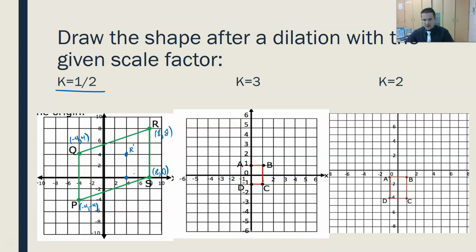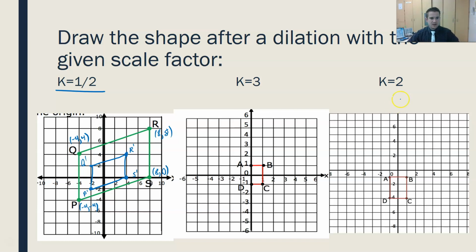So my new point S prime is going to be right here. Over here I have -4, -4. Take both of those divided by 2. I'm going to have -2, -2. That's P prime. And then -4, +4. If I divide both of those by 2, I'm going to get -2, +2. So that's Q prime. So right there, if I were to draw my little image, that would be my dilated image by a scale factor of 1/2.